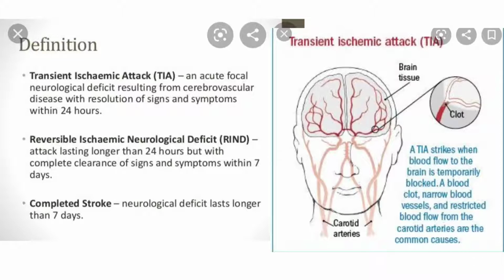These symptoms result from temporary impairment of blood flow to a specific region of the brain due to atherosclerosis, or obstruction of the cerebral artery by a small embolus, such as air.